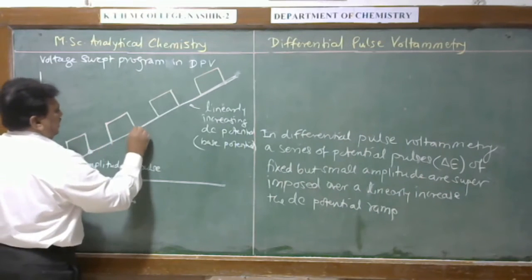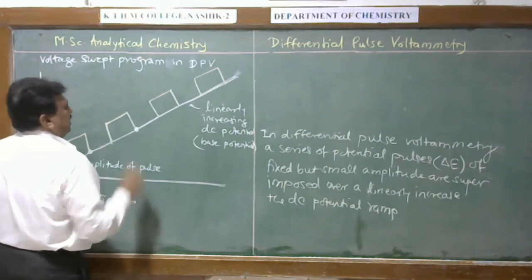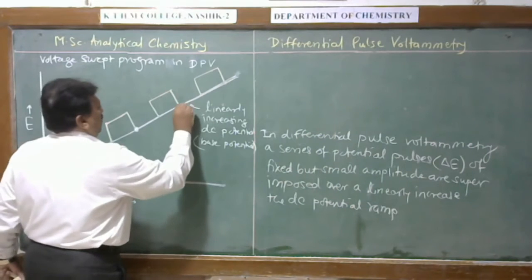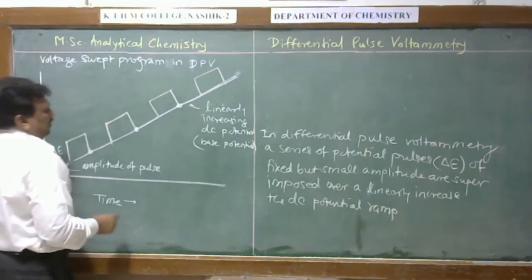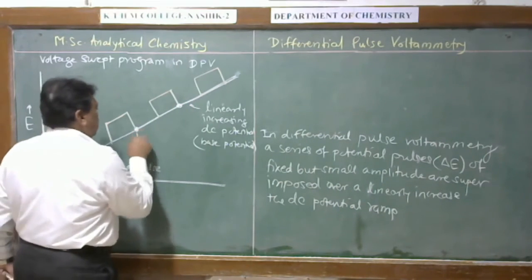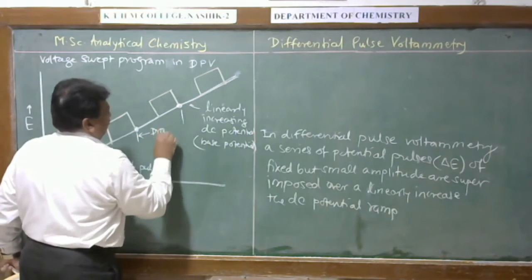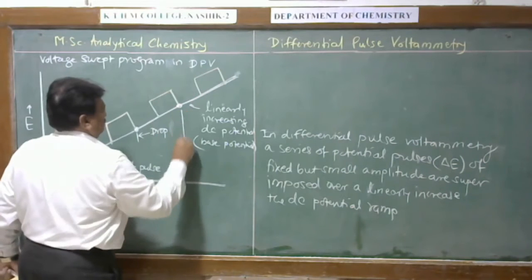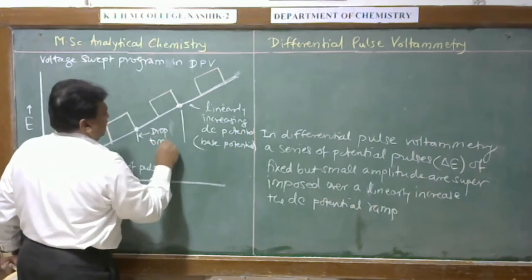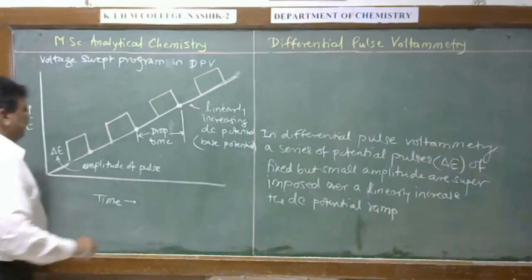Again new drop is generated. Here drop is given into the solution. Again new drop is generated. This is a drop given in solution. This point to this point is called as drop time. Drop time in seconds, that is 3 to 5 seconds.